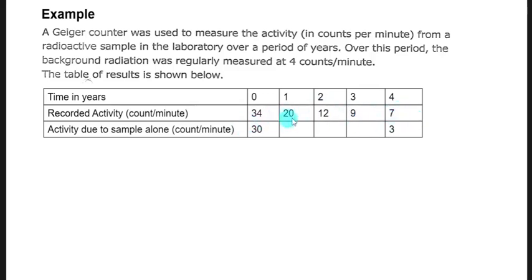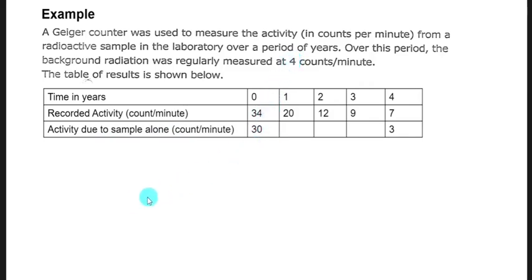This is the radiation that comes from the environment. So this radiation, which comes from the environment, was measured together with that which came from the source. So in finding activity due to sample alone, you need to subtract 34 minus 4 to get 30.